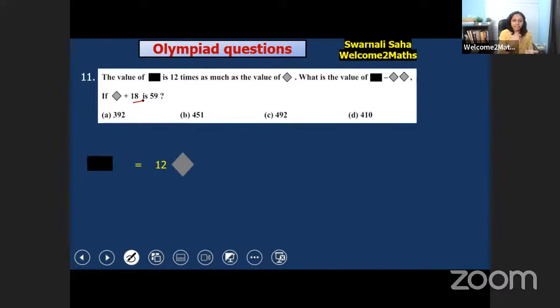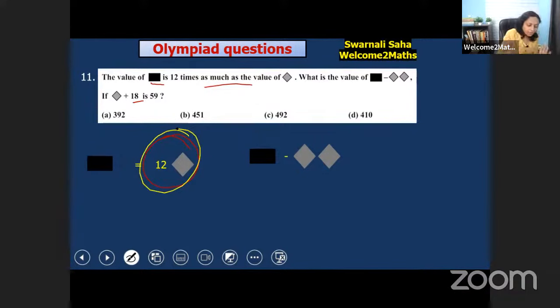It is saying that 1 rectangle is equal to 12 diamond. Got it? Now we have to find out 1 rectangle minus 2 diamond. We already got that 1 rectangle is equal to 12 diamonds.